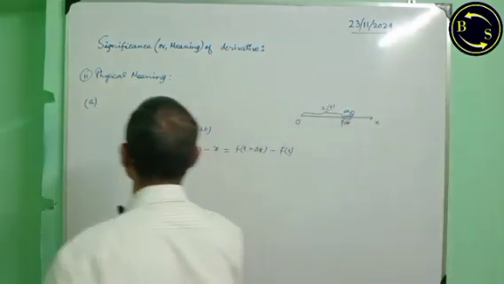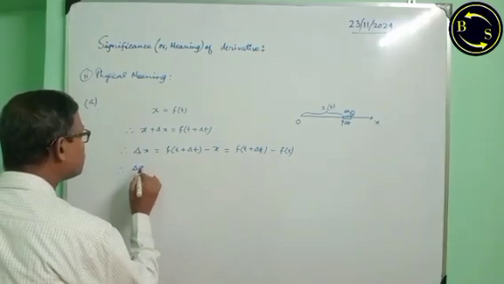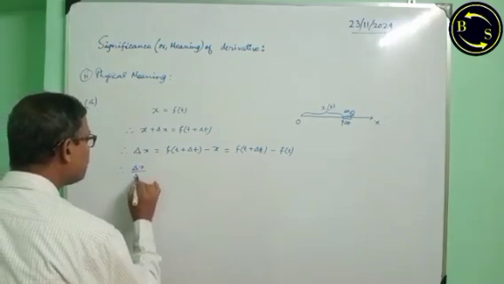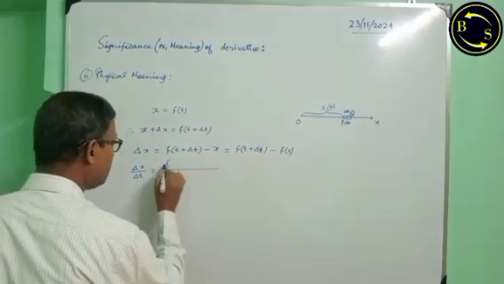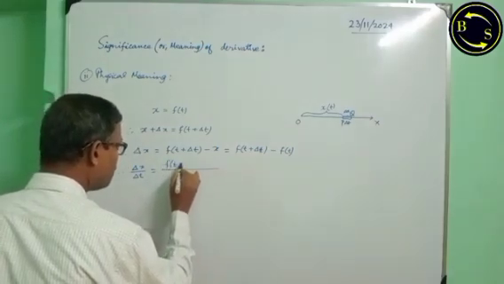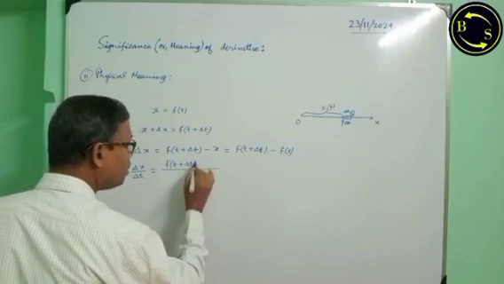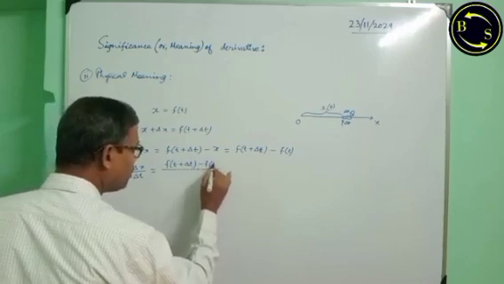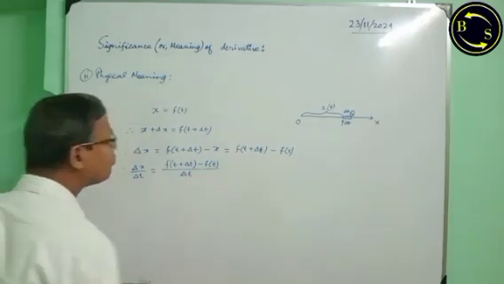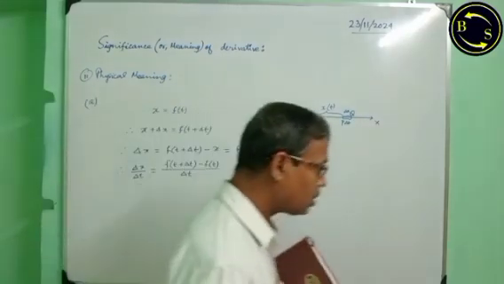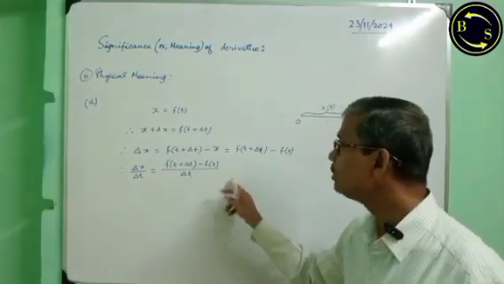Therefore, delta x by delta t is equal to f(t plus delta t) minus f(t) by delta t. Delta x by delta t, we have got this one.